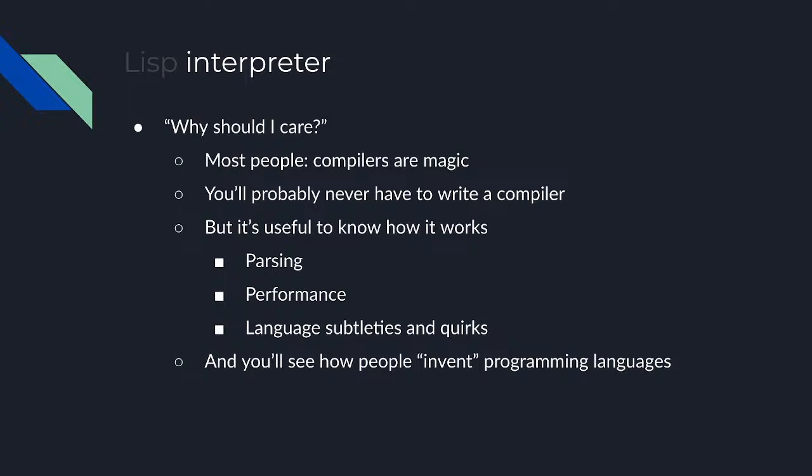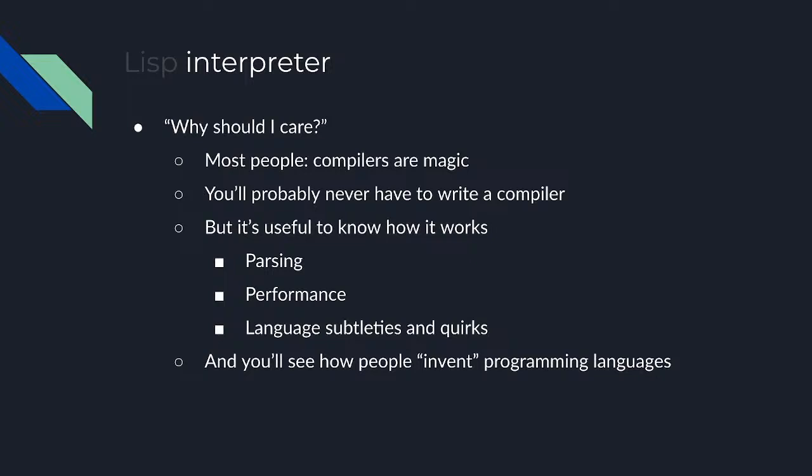For example, if you do Java and you play around with generics, you should know that you can't access the type information at runtime because the compiler does type erasure. So if you are into those things, then yes, you need to know that the compiler does those under the hood.